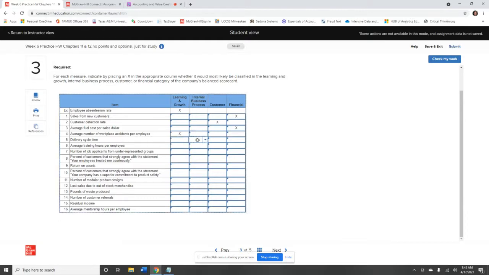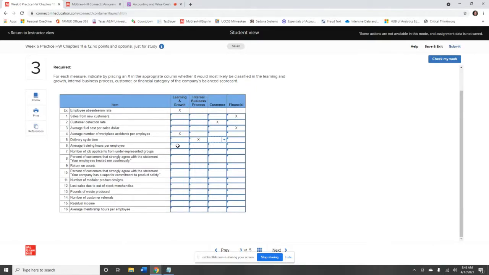Delivery cycle time. That's what they call an internal business process, right? Those are the steps that are used to perform the tasks, so how fast you do them, not the sales resulting from them. Something like cycle time is how fast you do something, how well you do something, like defect-free units. That's related to our business processes.